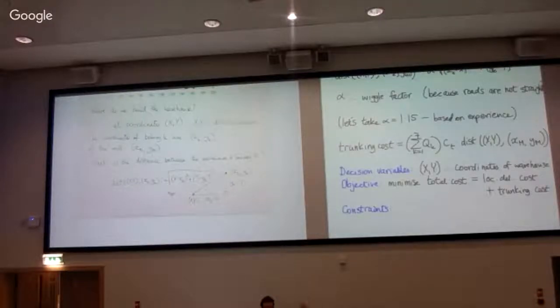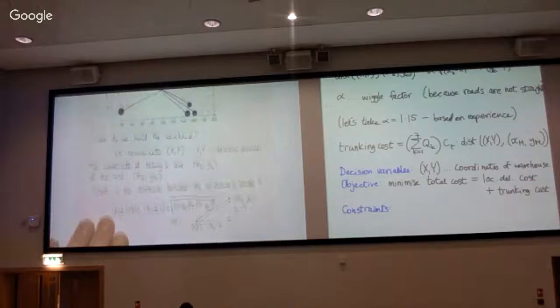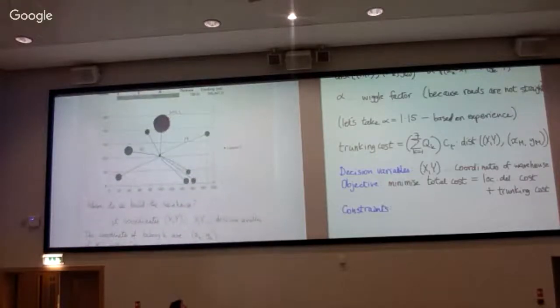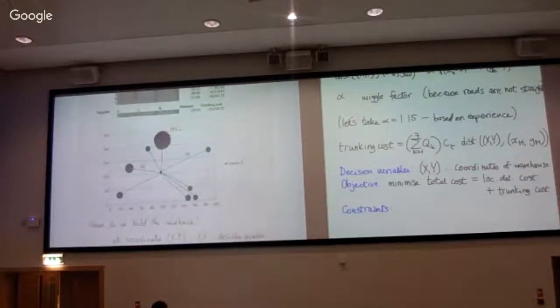Those are this must be less than that, and this must be bigger than that. None of the values can be less than 0. That is a fairly typical constraint that appears in many problems. Yes, that's true. That's a very good guess, in fact.